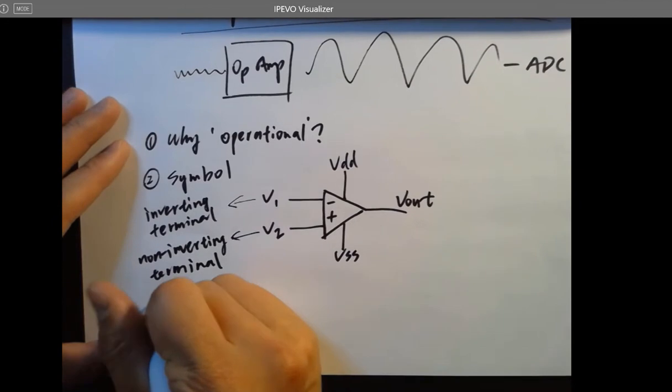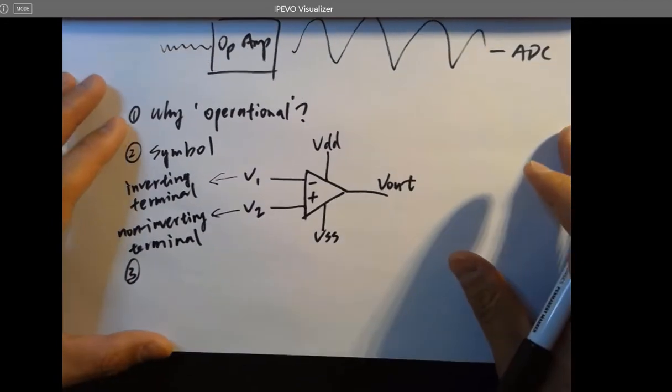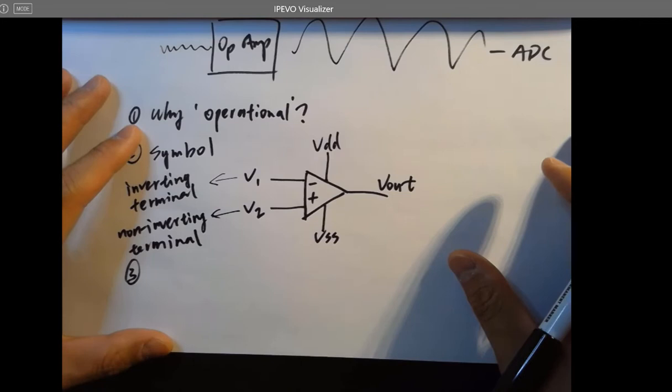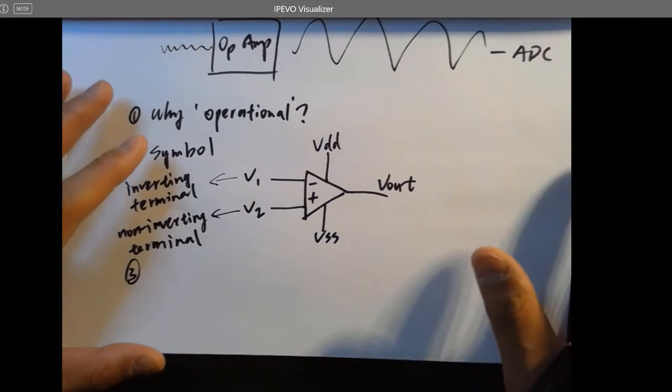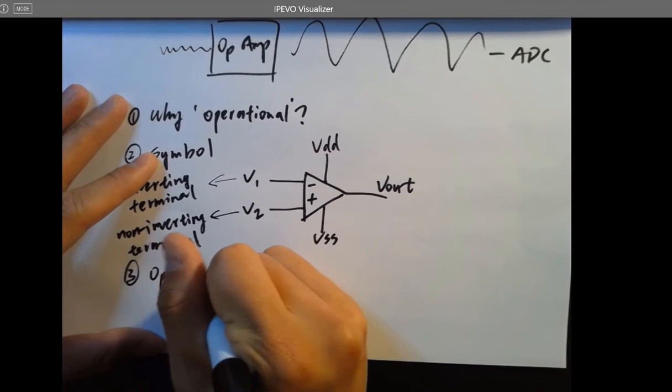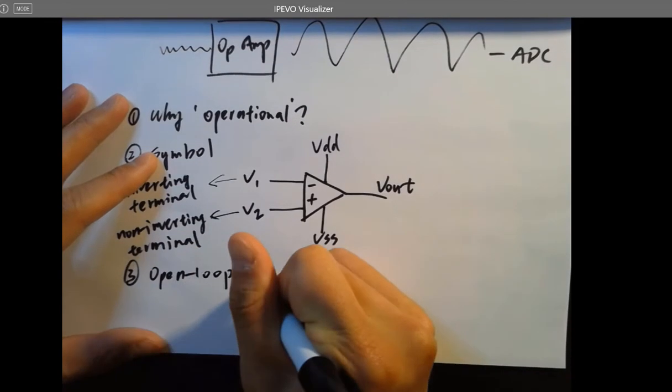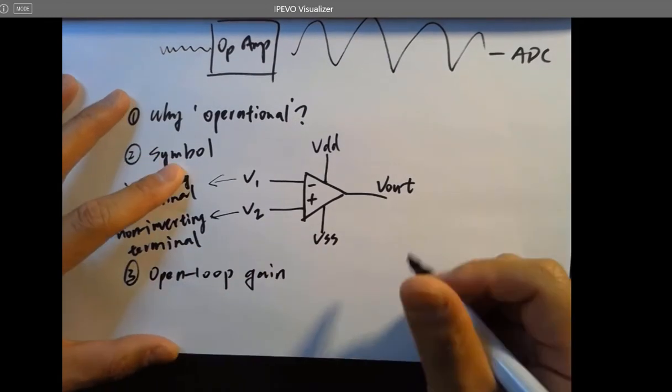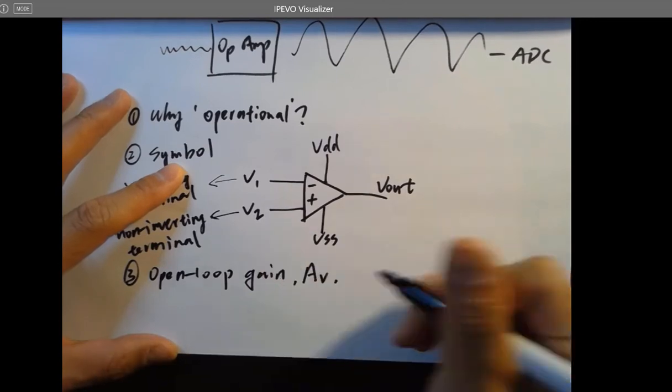And after that, you need to know one very important property of all these op-amps, which is called open loop gain. Open loop gain is the voltage gain, AV for short.